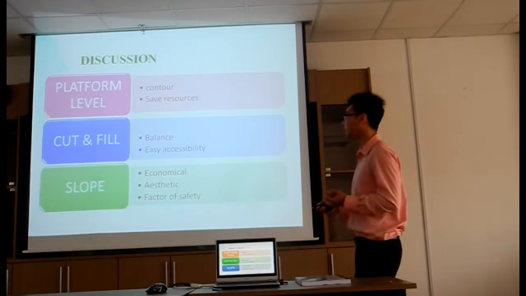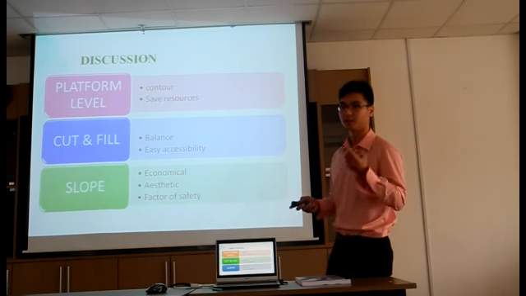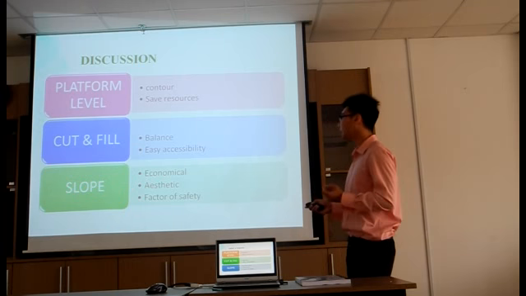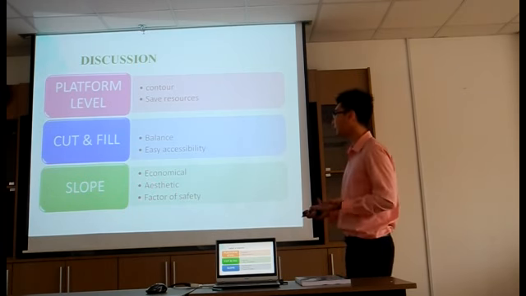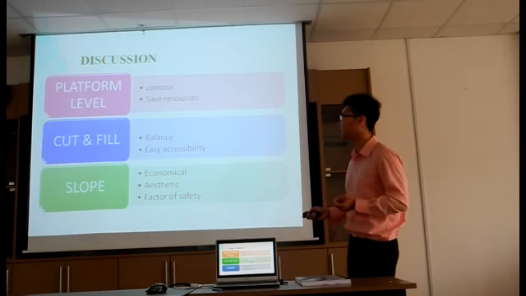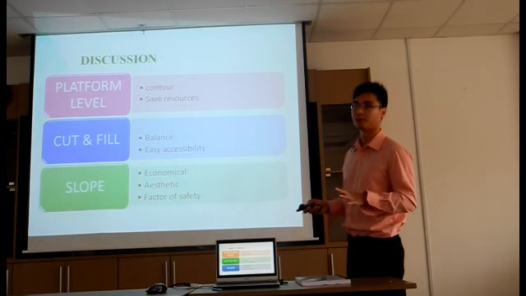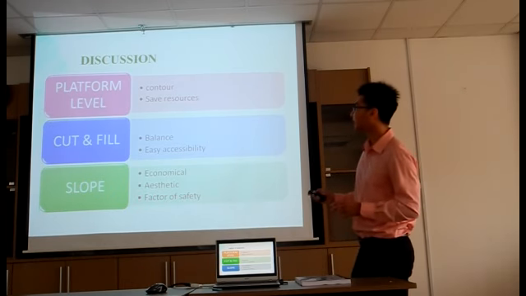And the slope is also best kept economical. We try to avoid the use of retaining walls since retaining walls are very expensive. And the greenery gives a good aesthetic view. And lastly is the factor of safety, because this is the most important factor in our project since we are focused on sustainability.